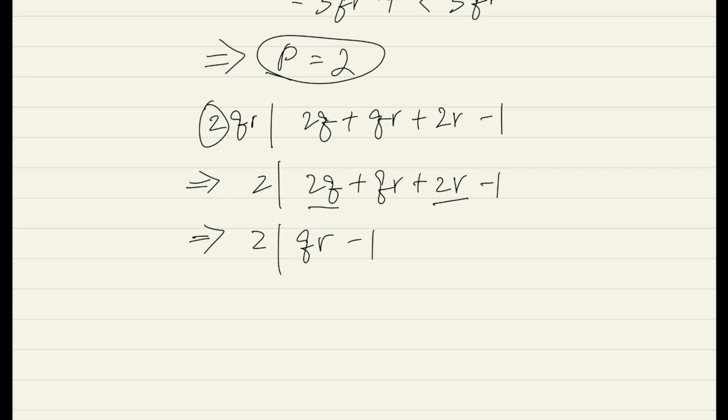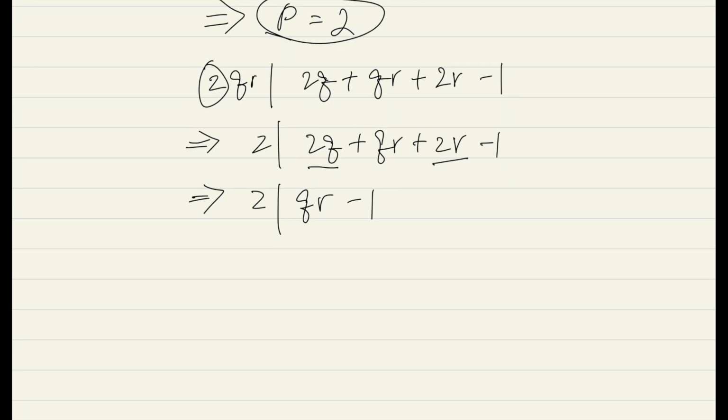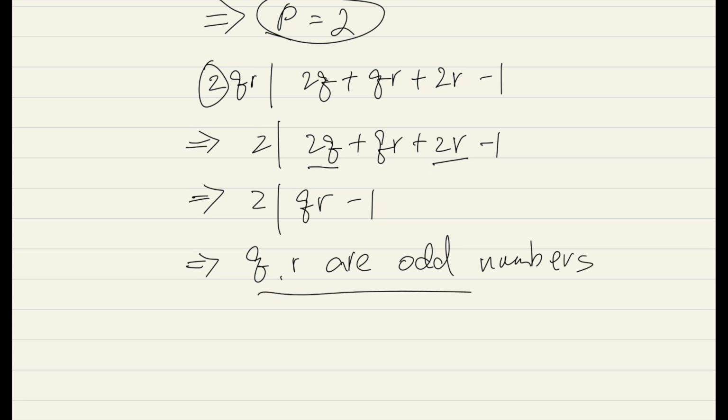This tells us that Q and R are odd numbers, so they cannot be 2. They can only be 3, 5, 7, or even bigger numbers. This is just a small step to verify what numbers Q and R could be.